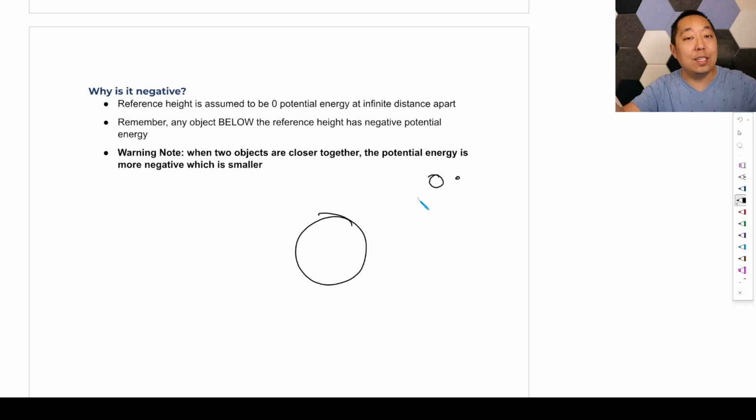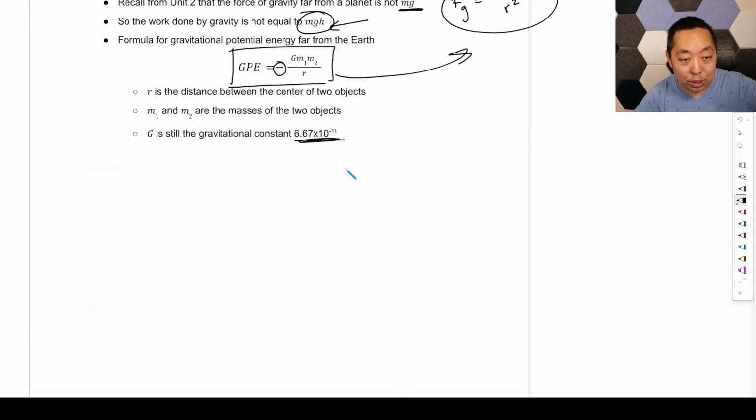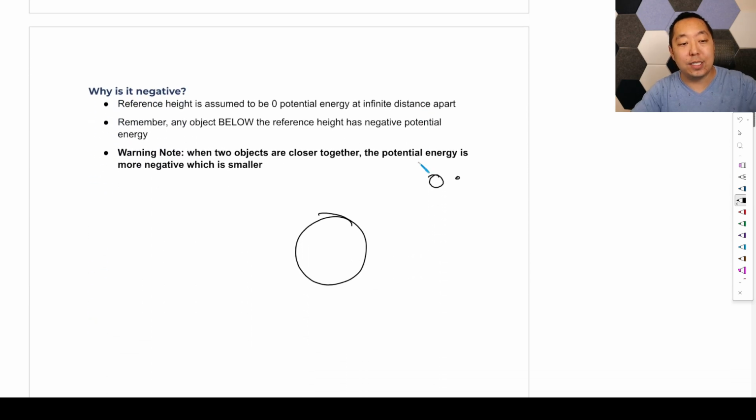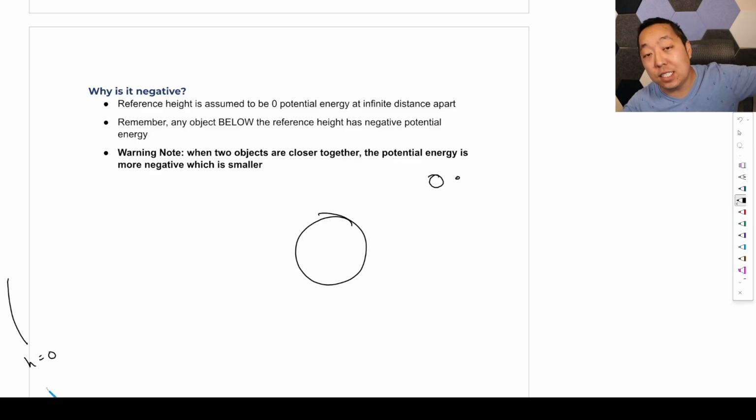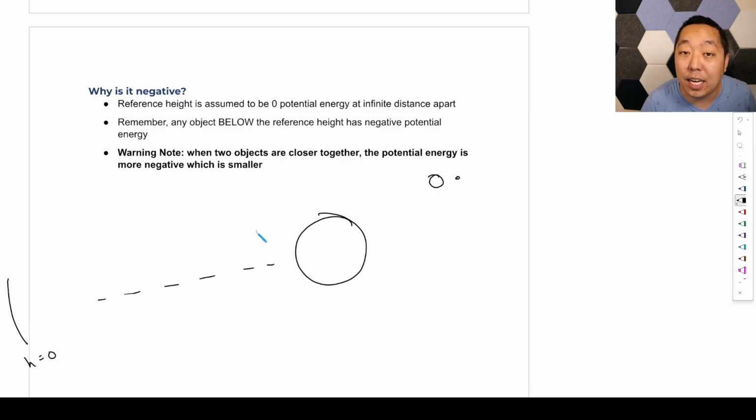The most convenient place we do this for this model, if we use this gravitational potential energy formula, is that the reference height is assumed to be infinite distance. Like h equals 0 is way over here at an infinite distance away. And so you're an infinite distance away, so anything below it, closer, is going to be negative potential energy.